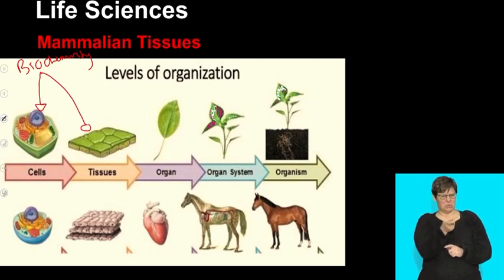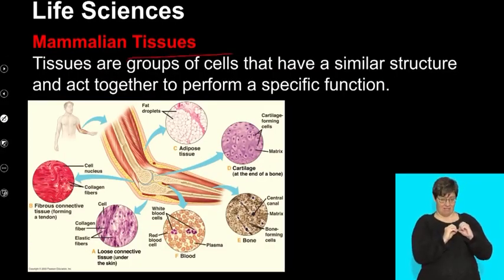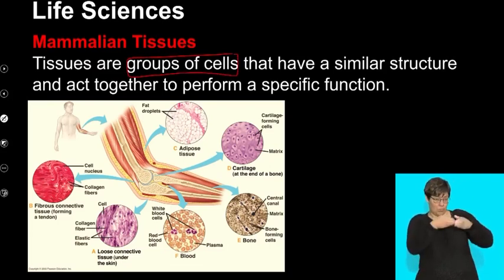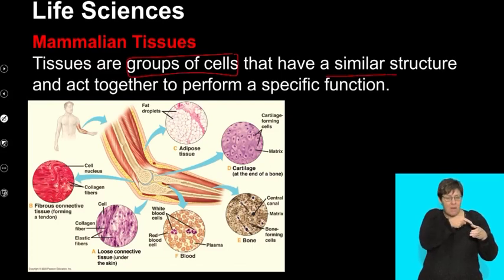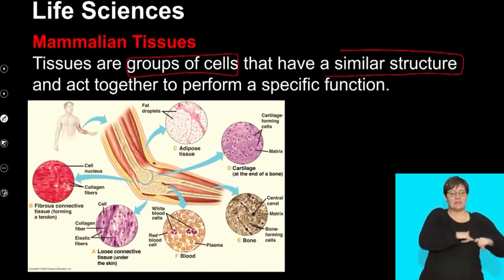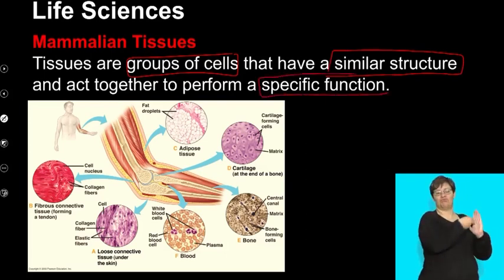A tissue is when I take a group of cells. So not just one cell, it's a group of cells. That group all have a similar structure. And what I do is I put them together and they need to perform a specific function.